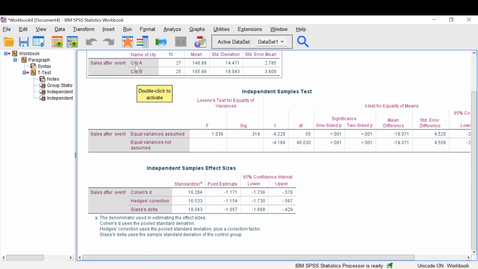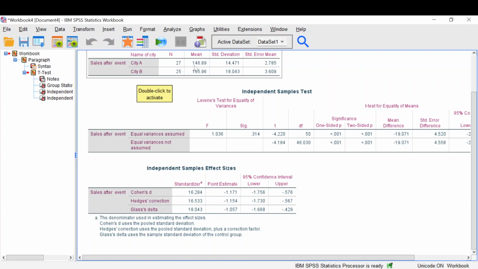And it just confirms that, I'll give you an example here. Imagine city A had a mean of 146, and we found out that half of the observations, so about, let's say, 13 or so, had a mean of one sale, and the other half, 14 of them, sold about 300.